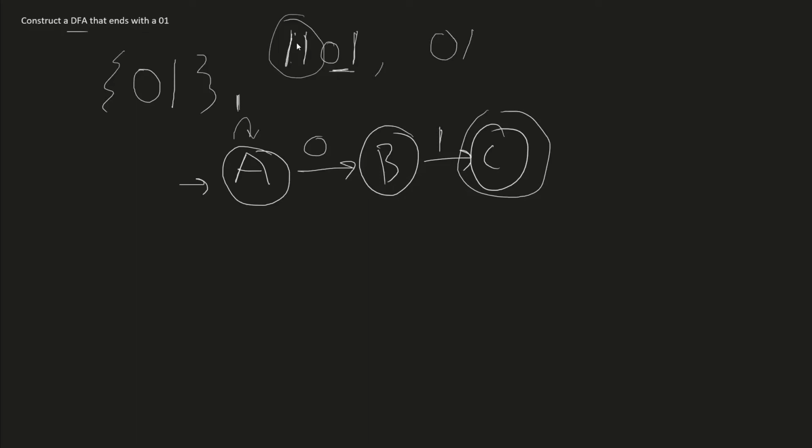You've got 0, 1, 0, 1. So the string 0, 1, 0, 1. What do we do with these two?